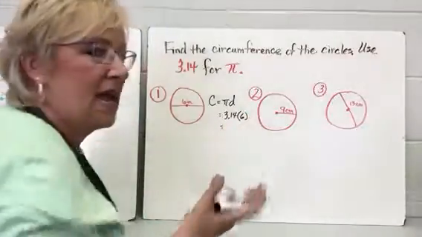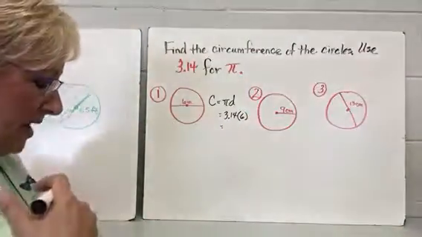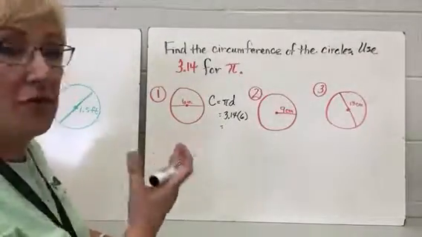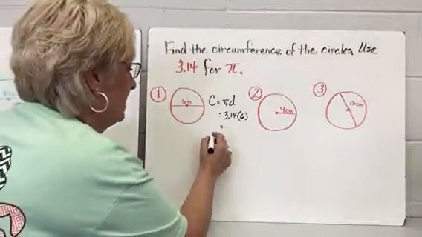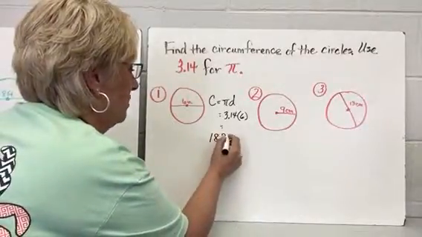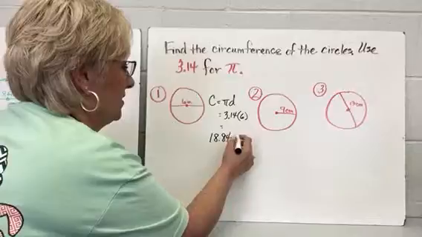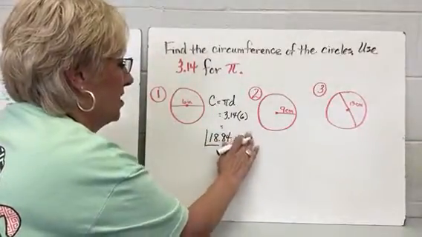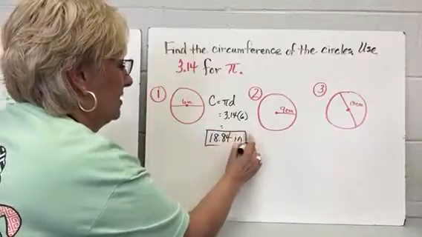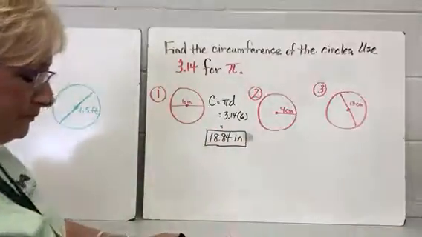And I've already used my calculator to do this. You could just multiply it out, or use your calculator. We're able to use our calculator in these. It's going to be 18.84 inches, because we are talking inches. We're not talking area, we're talking just the distance around the circle.